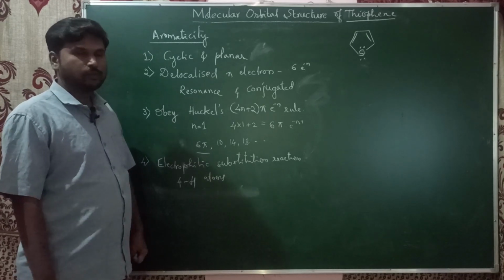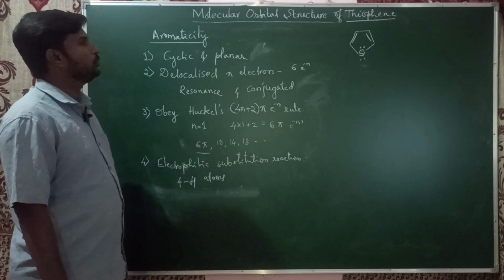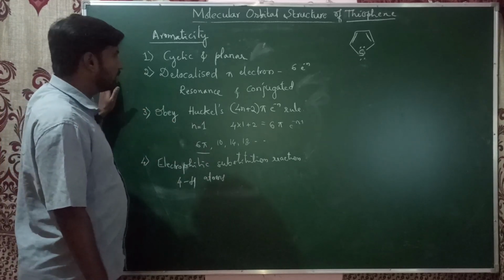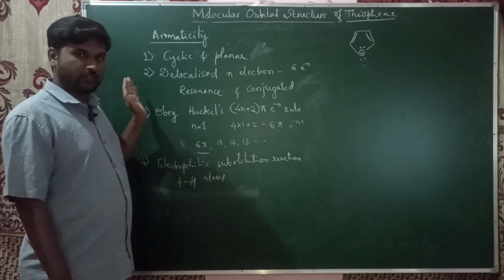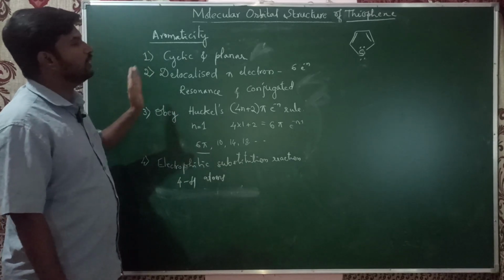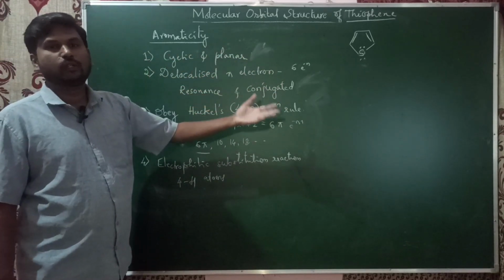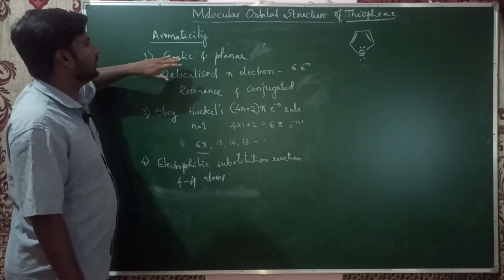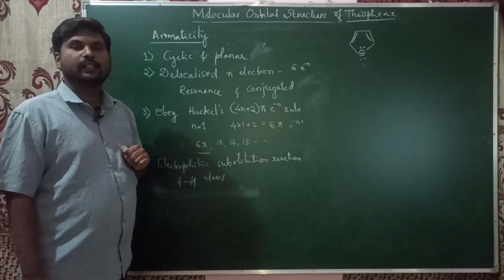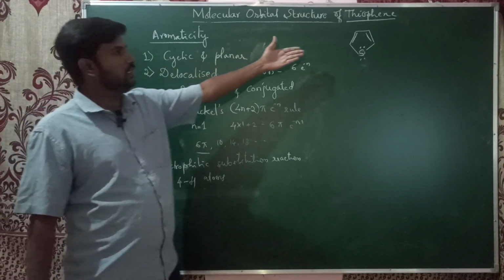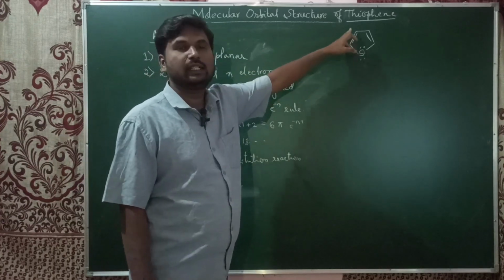As you all know, for any compound to show aromaticity, it must fulfill these 4 criteria that we already discussed in furan. So we'll discuss now whether these 4 criteria are fulfilled by thiophene or not. The first criterion: the compound must be cyclic and have a planar structure. As you see, the thiophene structure is completely cyclic.